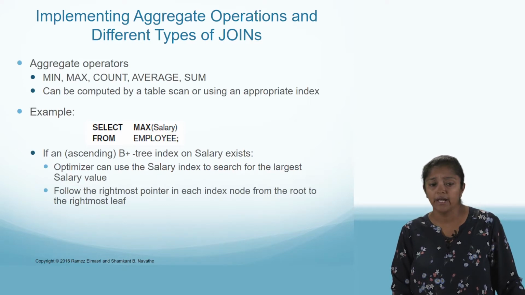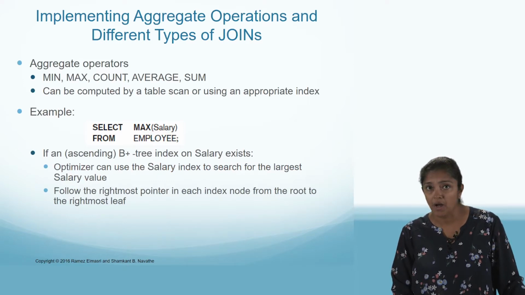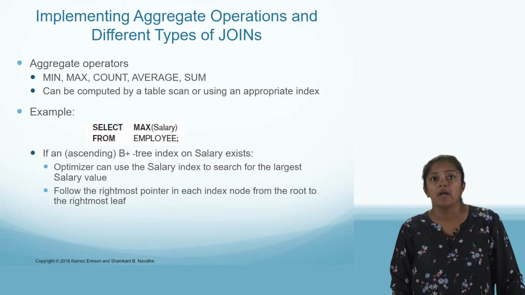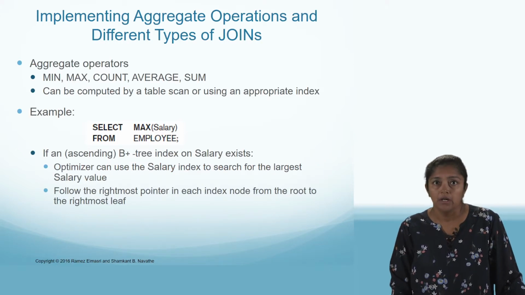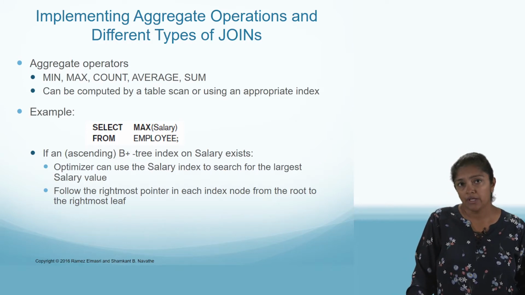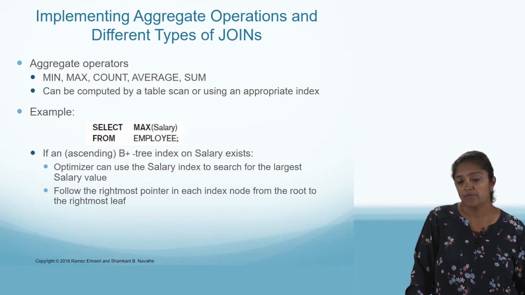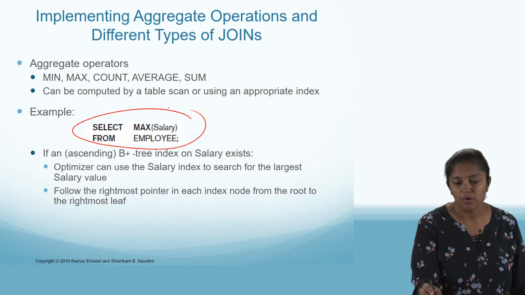Now there are also aggregate operations like min, max, count, average and sum. These can be computed by doing a full complete table scan, or if there's an appropriate index, then the index can be used. Say for example we want the max salary from the employee table.